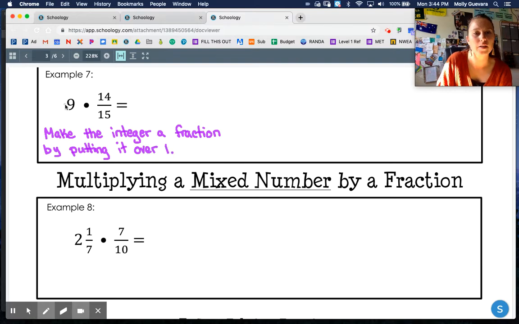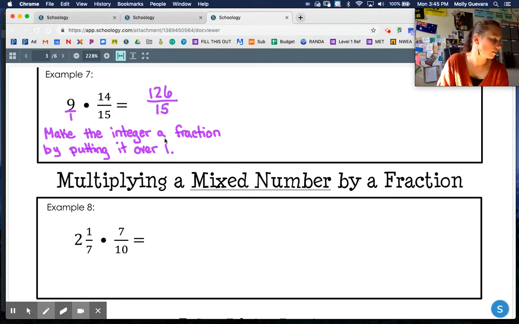Okay, so I can make this 9 a fraction by making it 9 over 1. And then from there, I can just multiply straight across. So 9 times 14 is 126 over 1 times 15 is 15.